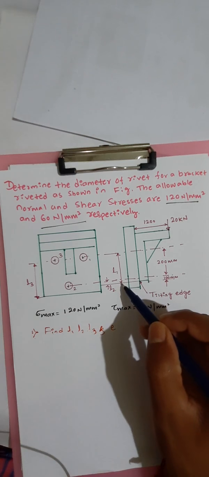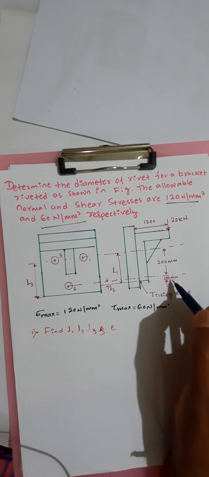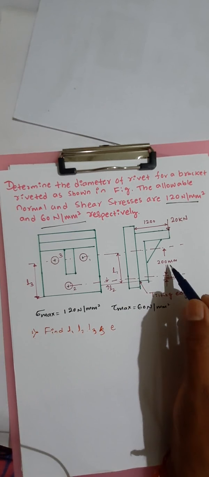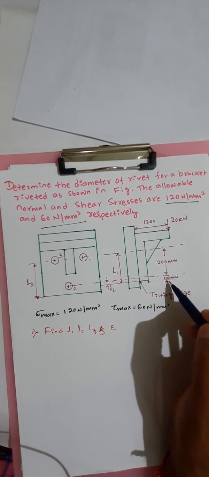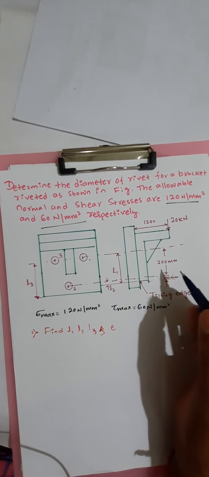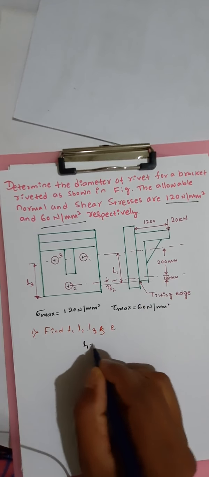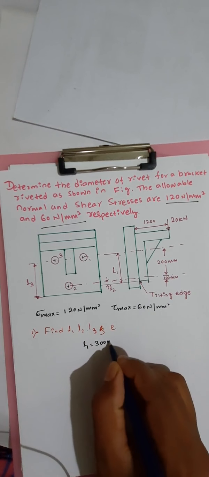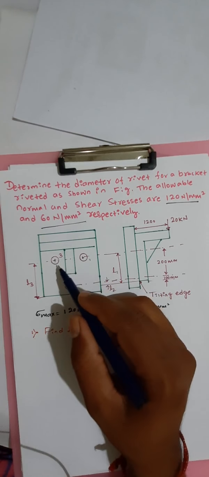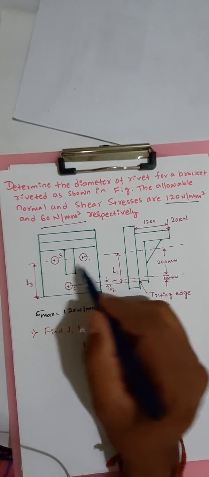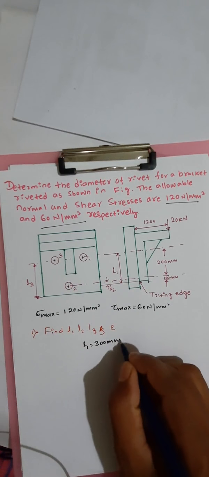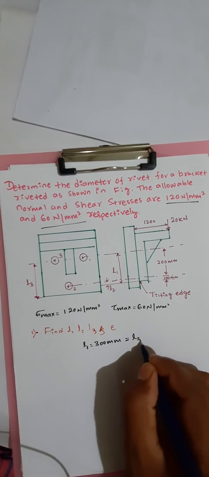Now you can see here, 100 plus 200, so the total distance we need to consider. So L1 is equal to 300 mm. L1 and L3 are on the same axis, so L3 is also equal to 300 mm.